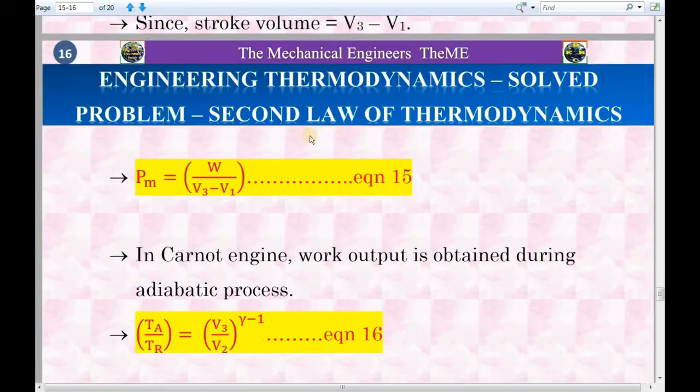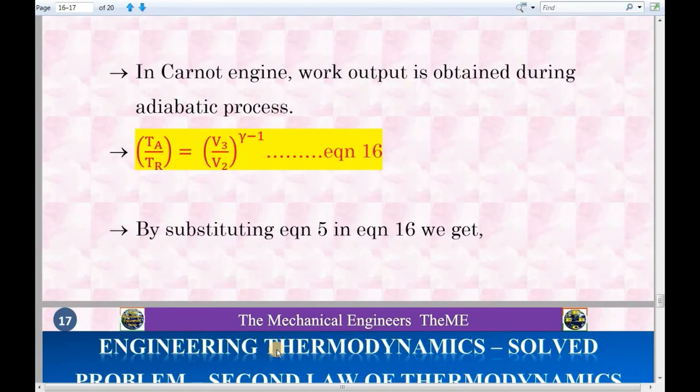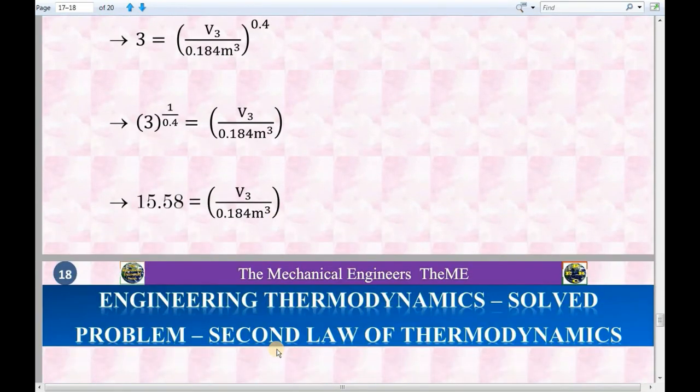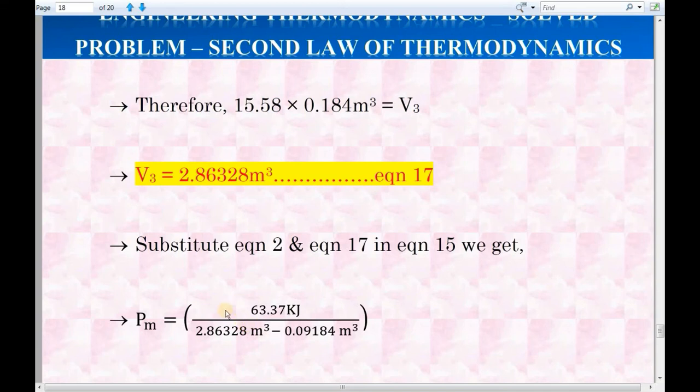We get Pm is equal to 63.37 kilojoule divided by 2.86328 meter cube minus 0.09184 meter cube. In this RHS, 2.86328 meter cube minus 0.09184 meter cube is 2.77144 meter cube.